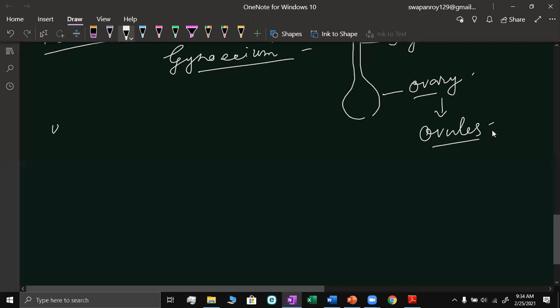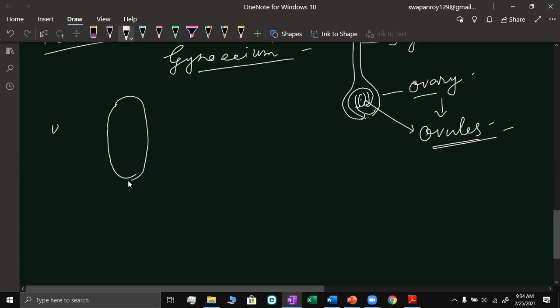Ovules. So here maybe one or more ovules are there. This is the ovule. If we see the ovule, what is there?